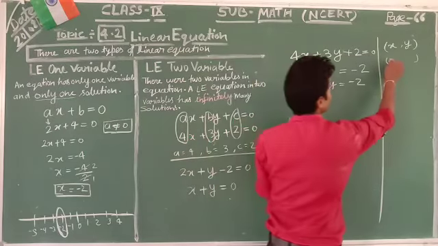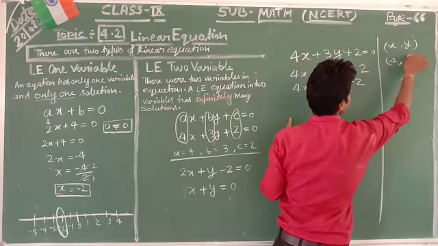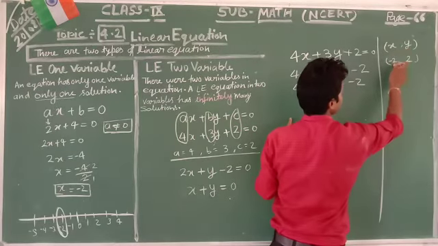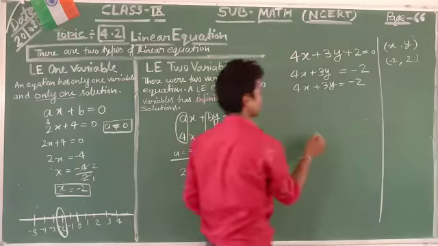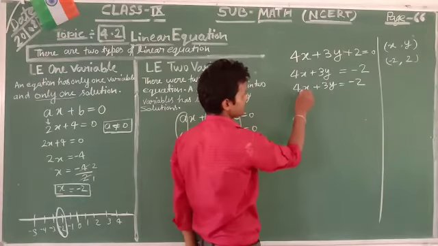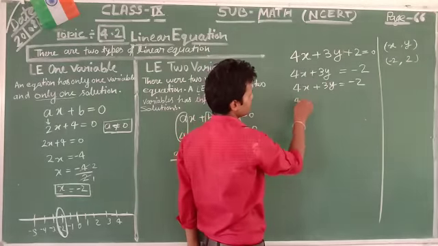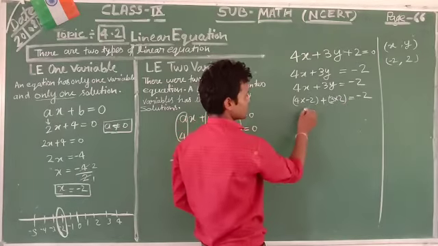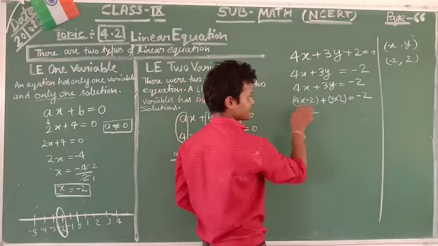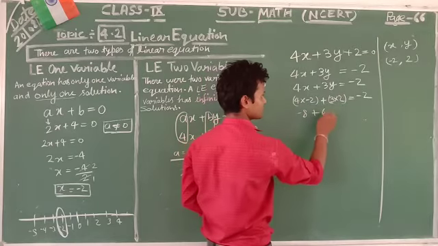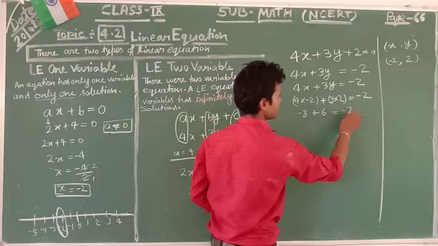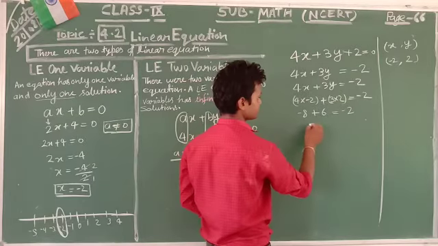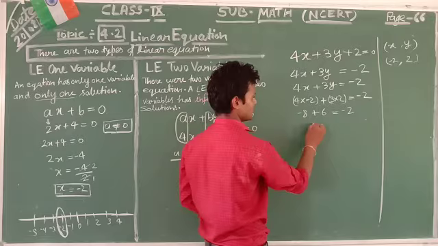So I think, we take the value of x as minus 2 and the value of y as 2. You put here in this equation 4 multiply minus 2 plus 3 multiply 2 is equal to minus 2. Okay, 4 2s are 8 with minus sign, plus 3 2s are 6, you get minus 2.